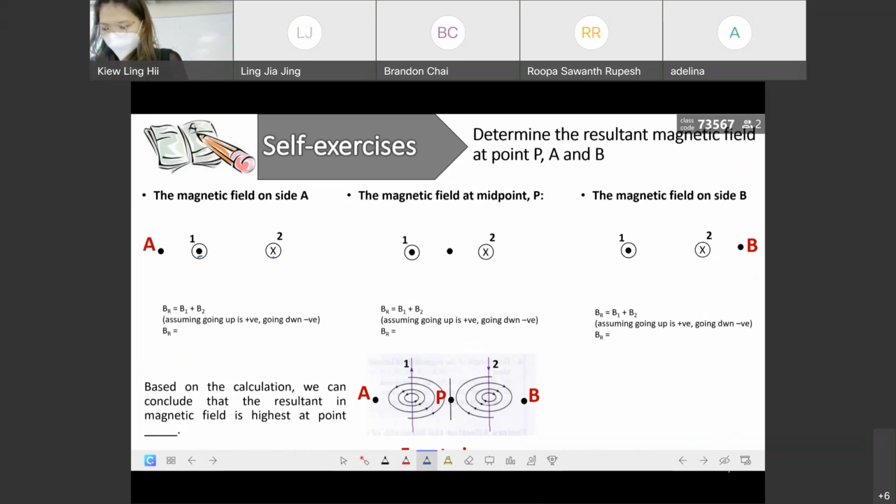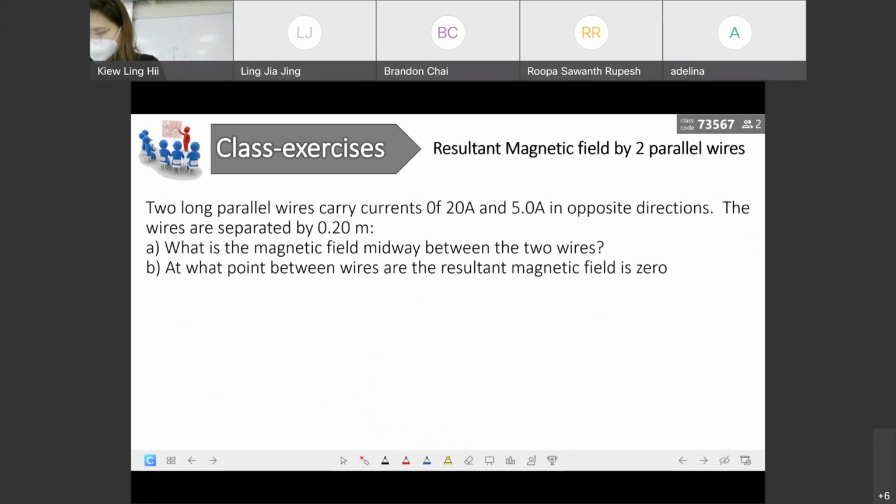Okay, so now let's work on the example. We have two parallel wires carrying currents of 20 and 5 ampere. So let's assign them as I1 and I2. If you draw them in a diagram, the currents are in opposite directions, one up, one down.